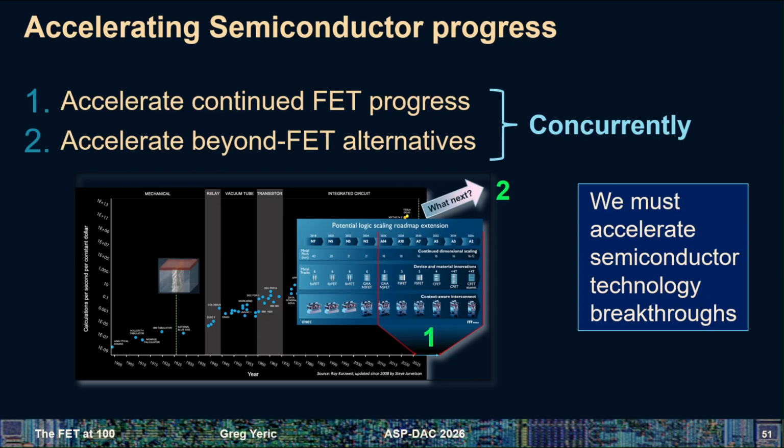So for number one and number two, we know the roadmap, and we've got a lot of EDA problems in backside power delivery and how to route CFETs and model statistical variations more accurately to really ferret out what we call over-margining. So at every step of the design process, you have uncertainty about how fast a device is going to run or how fast a circuit is going to run.